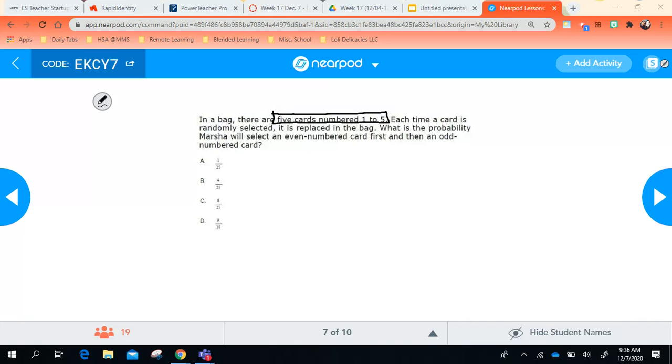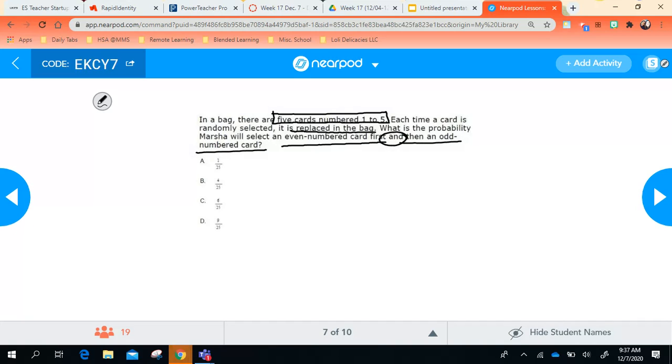Each time a card is randomly selected, it is replaced in the bag. So this is also important, and we're going to be looking more at that this week. But replaced in the bag means she put that card right back in the bag. What is the probability Marcia will select an even numbered card first and then an odd numbered card?